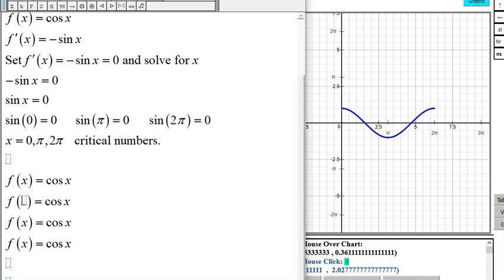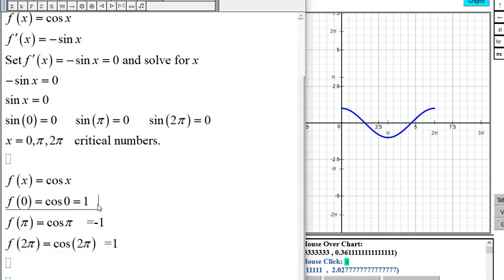So we want to evaluate it at 0, at pi, and 2 pi. And this is 1, and this is negative 1, and this is 1.